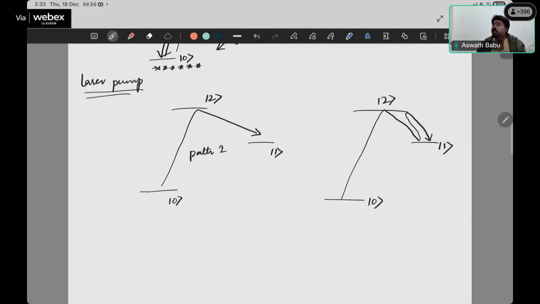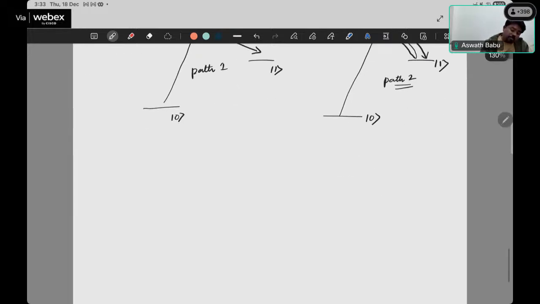So it makes one circle between 2 and 1 and then stops at level 1. Let's say this is path 2. So there are two paths I showed you for reaching state 1 from 0. There is one more path also possible. What is it? Instead of making one circle, it makes two circles.